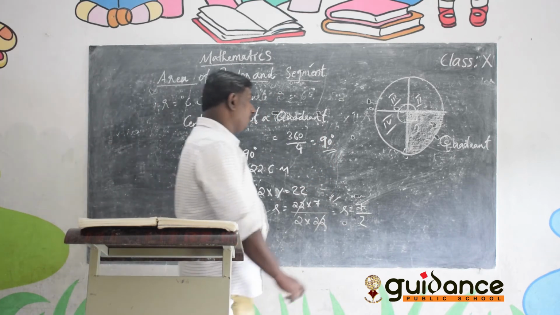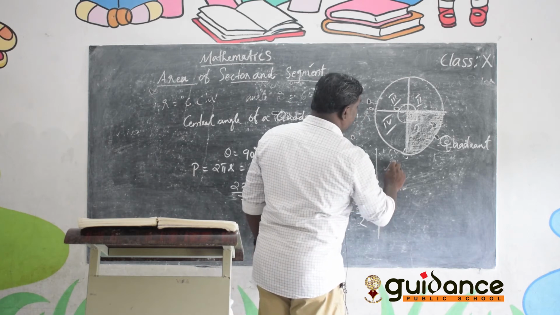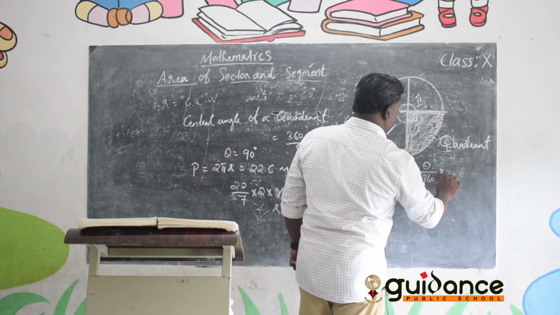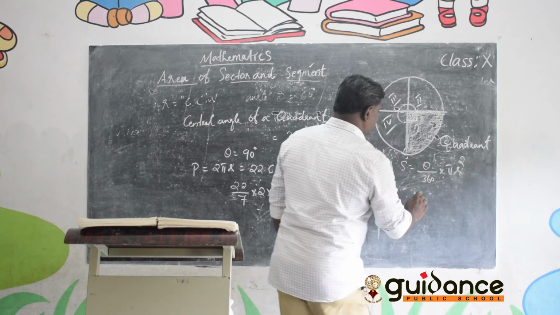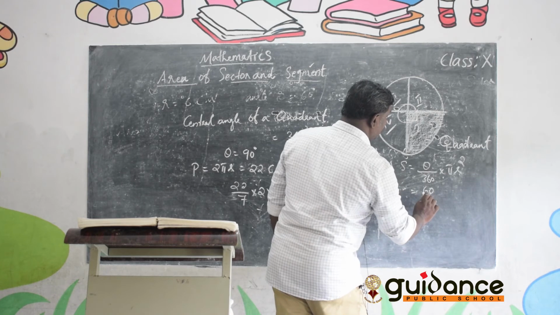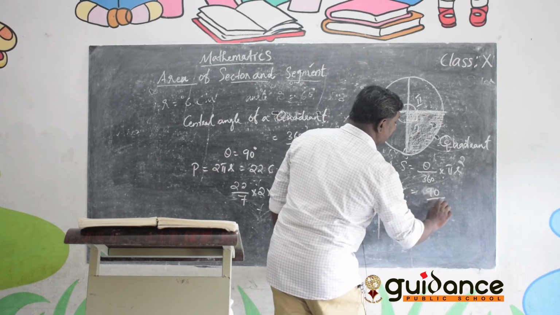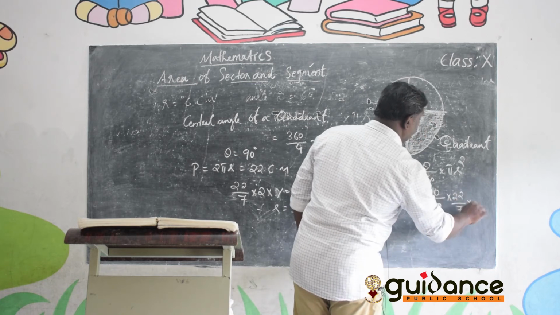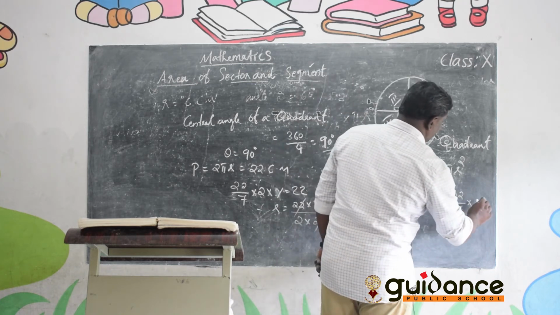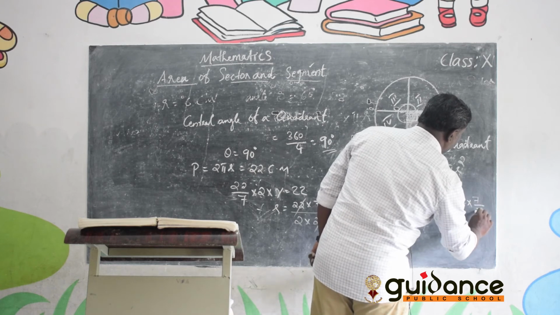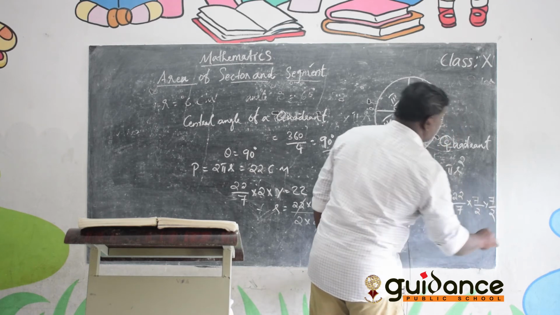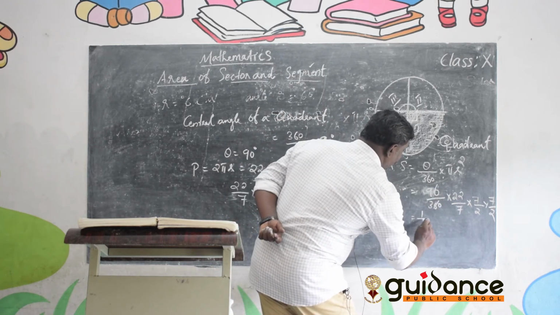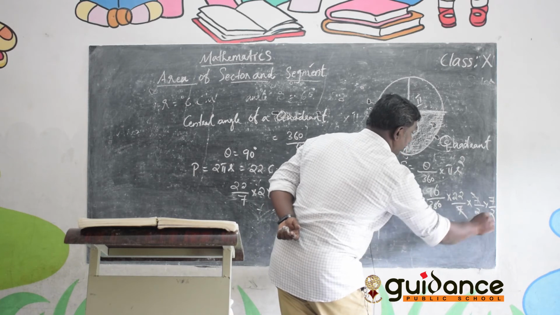Area of sector equals theta by 360 into pi r square, that is 90 by 360 into 22 by 7 into r square, that is 7 by 2 into 7 by 2. Then it will be 1 by 4 into 7, and 7 cancel.